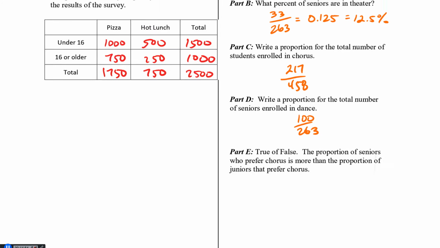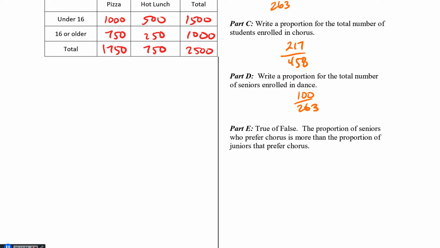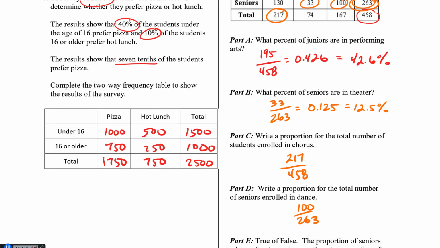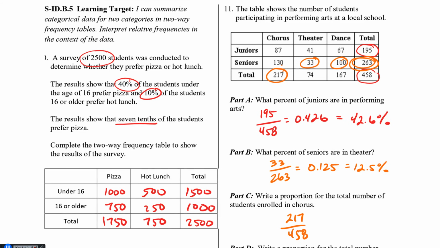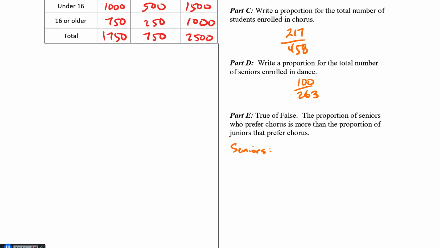And finally, part E, the proportion of seniors who prefer chorus is more than the proportion of juniors that prefer chorus. So seniors in chorus is 130. That's 130 out of the 263 seniors total, which is 49.4%.